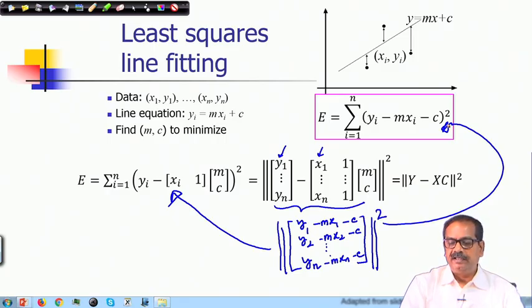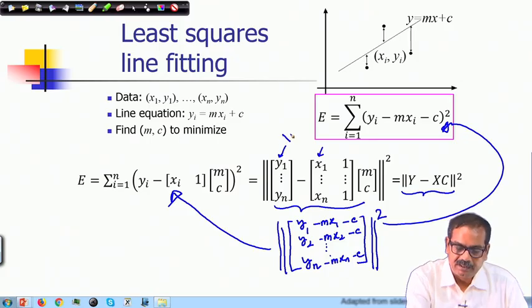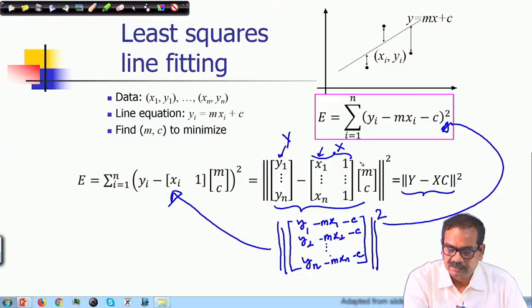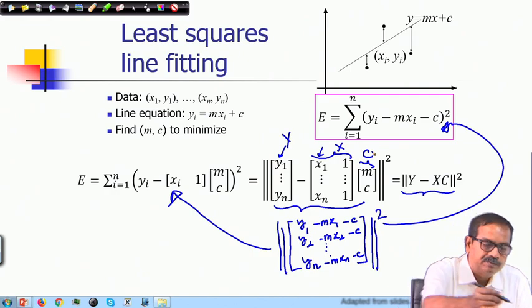This error E is represented in a shorter matrix notation as capital Y minus x c, where Y is this matrix, x is this matrix, and c is this matrix. So, this is how this notation has been derived.